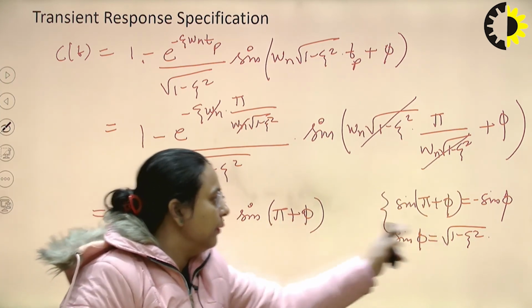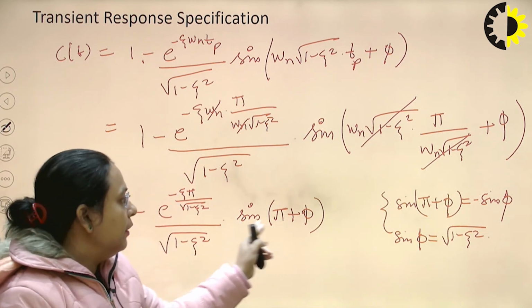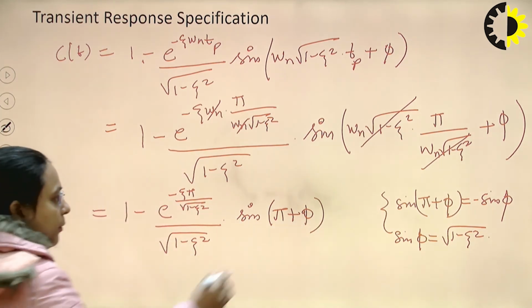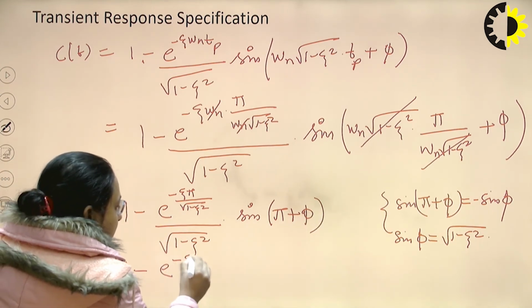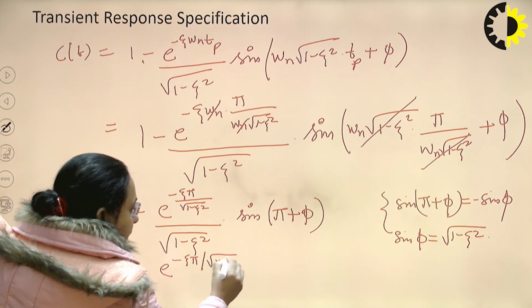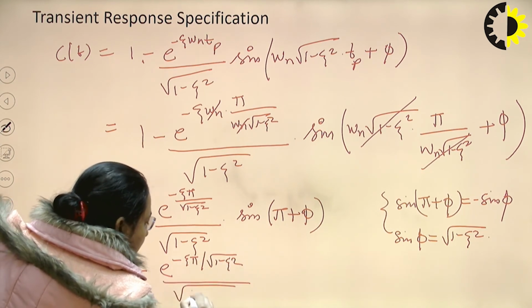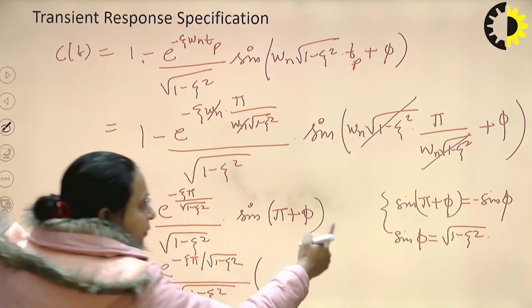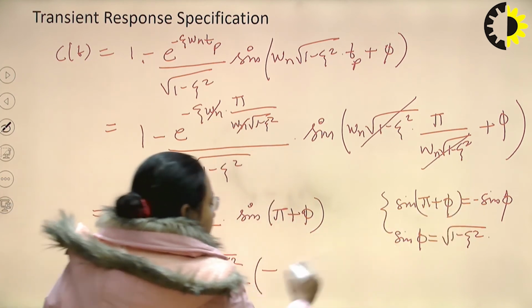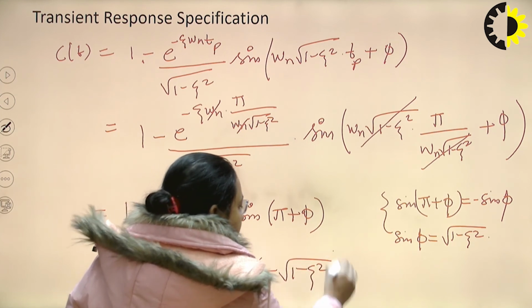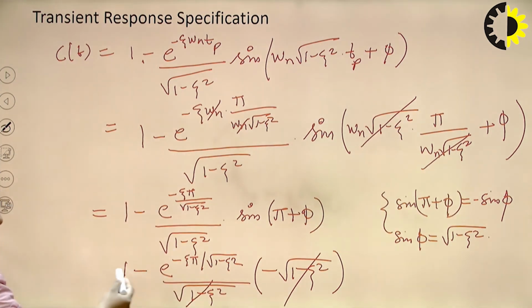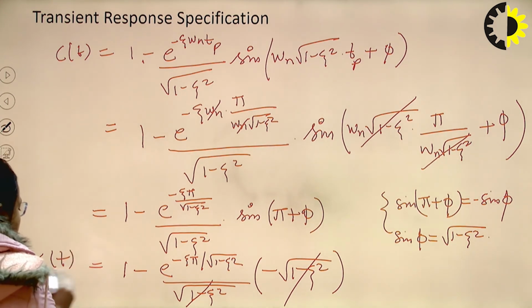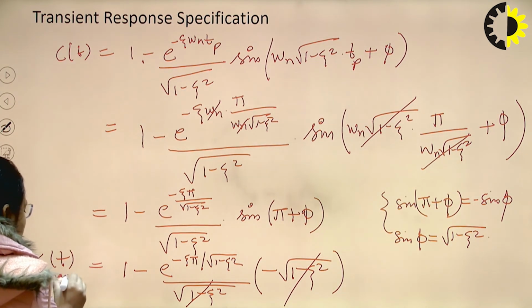I'm directly writing it out like this: minus pi zeta upon under root 1 minus zeta square, into minus sine phi. The value of sine phi is under root 1 minus zeta square, right. So this gets cancelled, the minus goes here, and it becomes 1 plus, this is simply the value for the CT max.